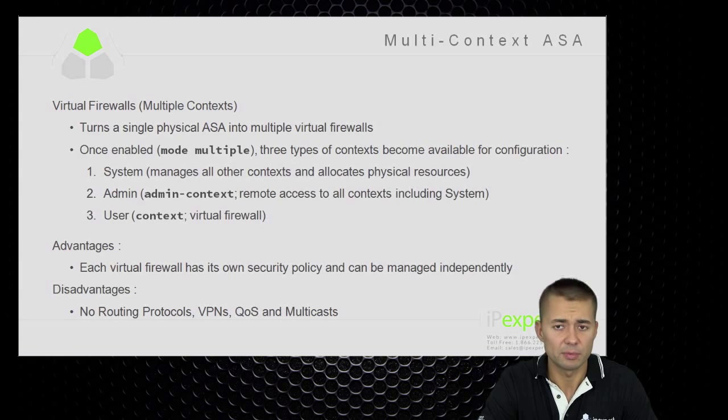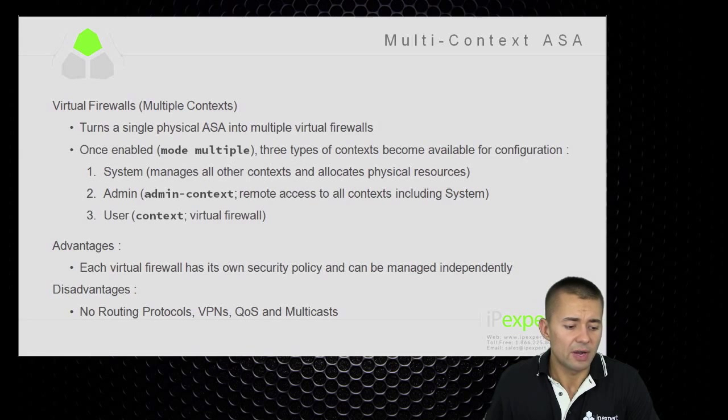This would mean that the only way you could forward those packets through the ASA would be to use some sort of tunneling technique, and typically this is going to be a GRE tunnel. So this is something you want to remember when you're running multiple contexts. There is going to be a problem with multicast, and the solution is going to be to use a GRE tunnel.